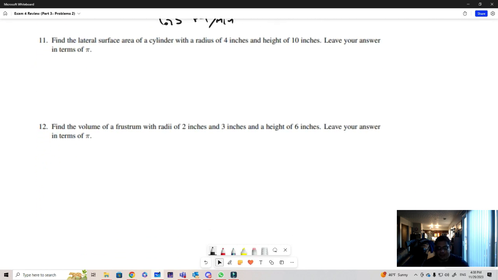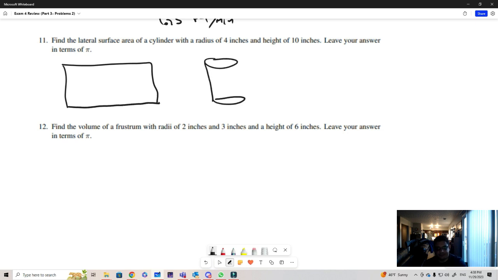Now for problem 11, we have the lateral surface area of a cylinder. So you have to remember that for a cylinder, we take a sheet and then we fold it around to get this. So this length is 2 pi r. If my radius here is 4 inches, it means that the length here is going to be 2 pi times 4, so 8 pi. And this height here is given by 10 inches.